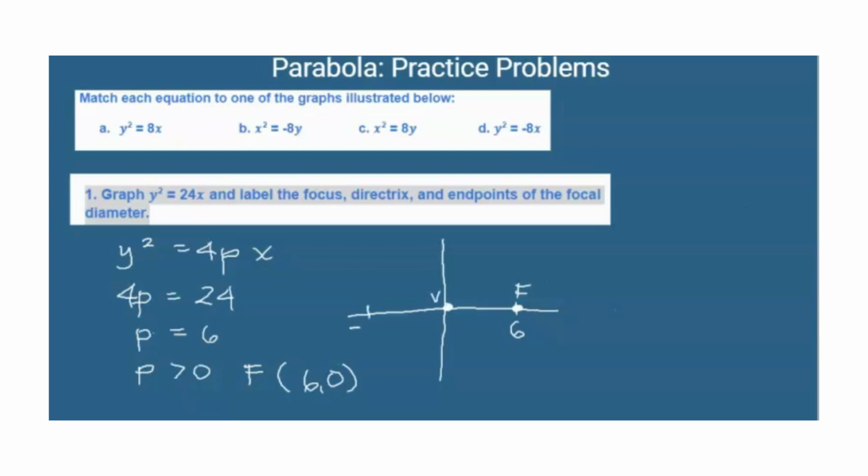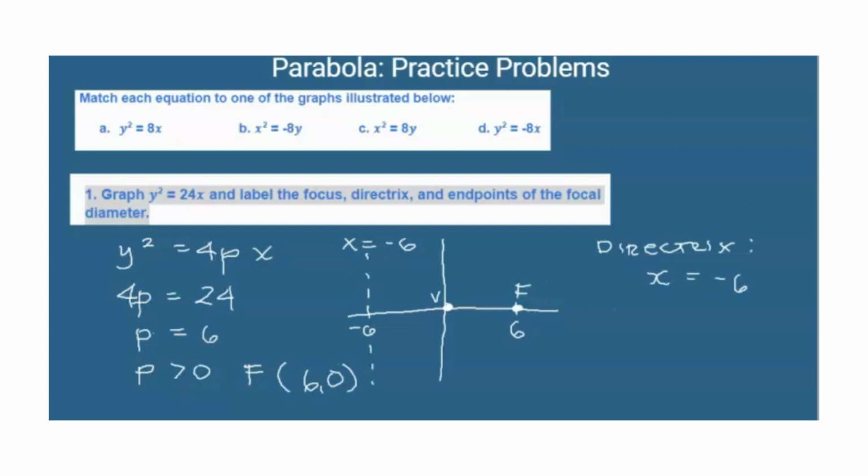So this is our directrix. So x is equal to negative 6. So the directrix equation is x is equal to negative 6.